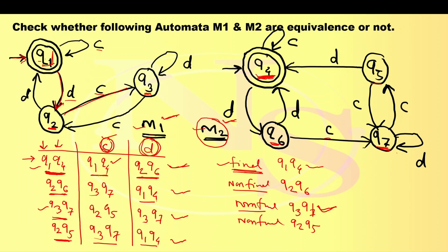Either both go to final or both go to non-final. As they follow the same behavior, I can say M1 and M2 are equivalent. And this is our final answer.